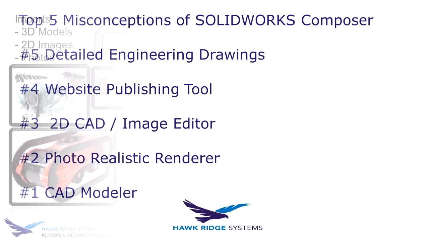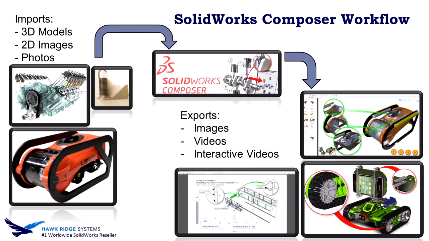Okay, before we actually get into these topics, I want to run through a quick overview of what the SOLIDWORKS Composer workflow looks like. Composer imports 3D models, 2D images, and photos. The 3D models are any of your CAD designs, and they can come from various CAD platforms.